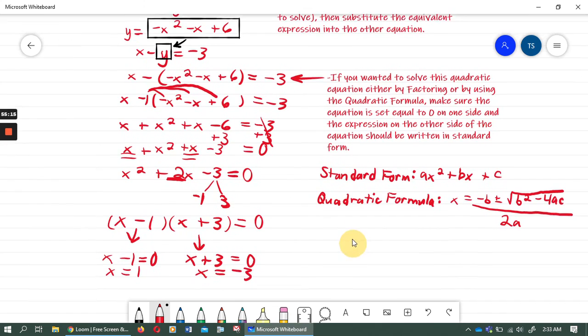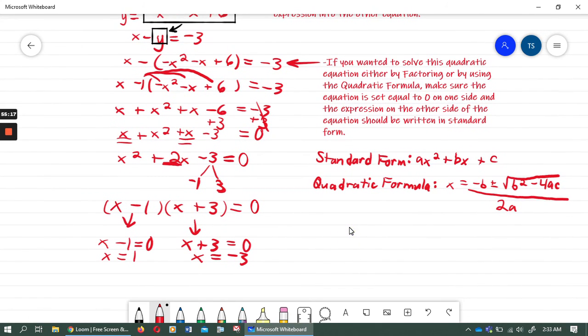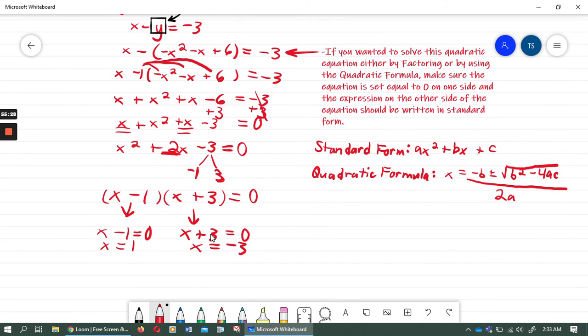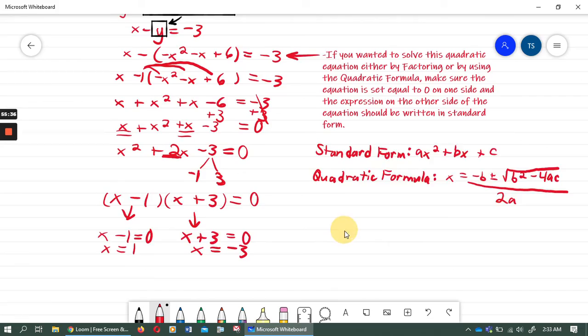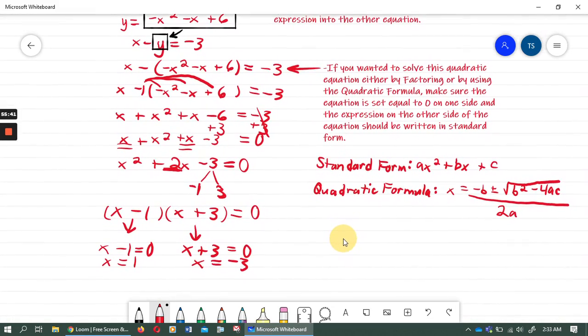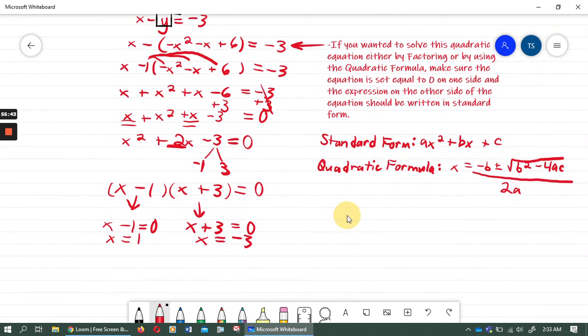So we've got two x values, which means we've got two ordered pairs that should be written in the form of x, y. So we need to find out what our y values are for these two ordered pairs. Yes, we've solved for x here, but we need to find the y values for these particular x values.